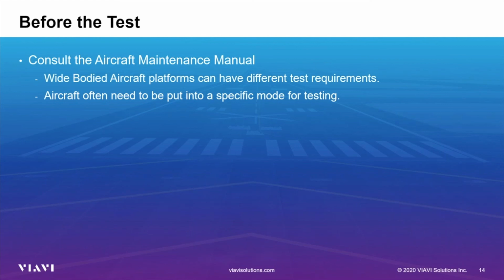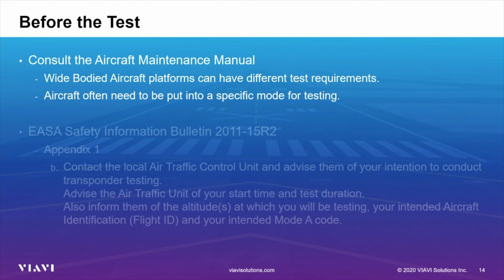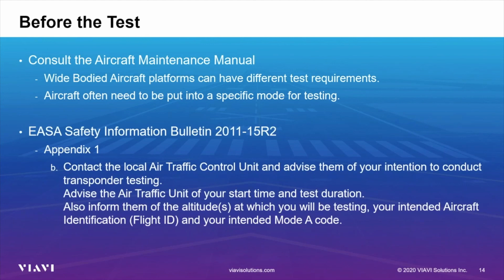Similarly, there are regular 2-year maintenance testing cycles mandated by EASA, and the schedules for these are in the ACNS documents for retrofit of ADS-B transponders. Also within some of the EASA documentation is the appendix to some of the safety information bulletins that are out there.